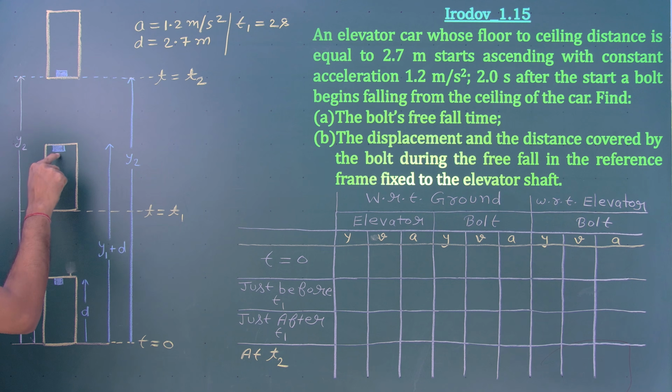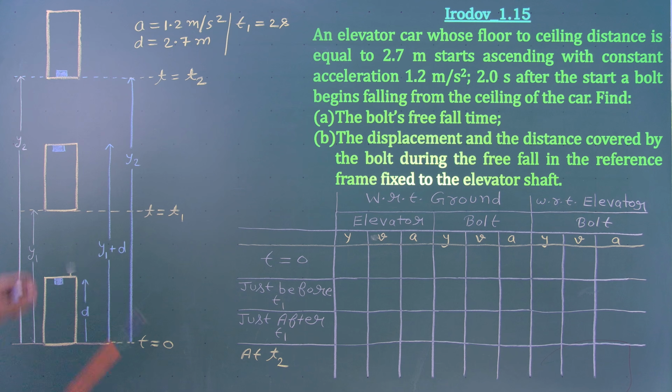So this bolt detaches from the elevator and starts falling. After some time, what happened? This bolt strikes the floor of elevator, but elevator is moving upward, so it will go up, and the bolt goes down and strikes the floor. So after time t2, bolt strikes the floor of elevator.